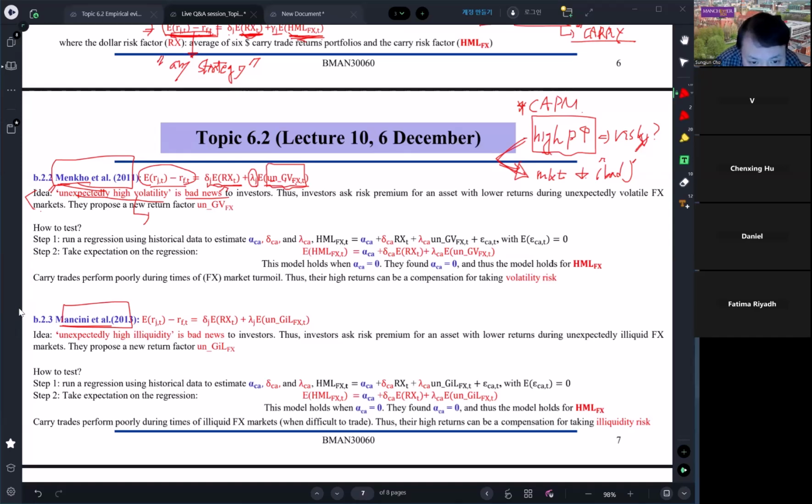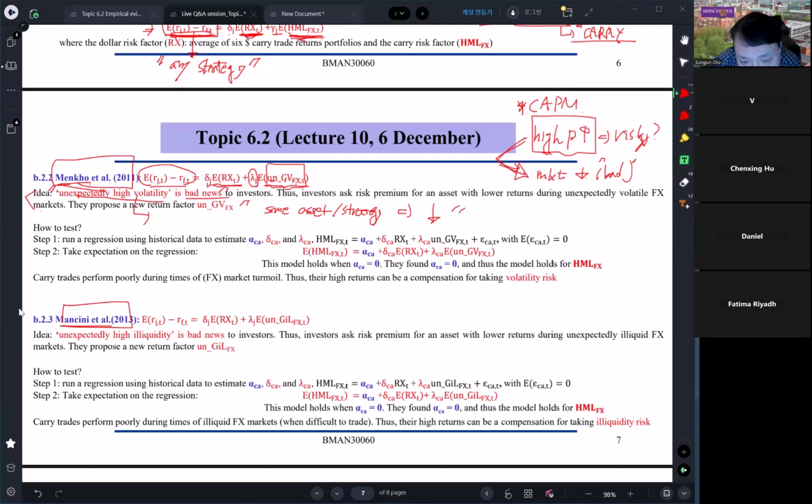Then if some asset or some strategy provides you big negative returns during unexpectedly high volatile time or bad times, you don't like that.